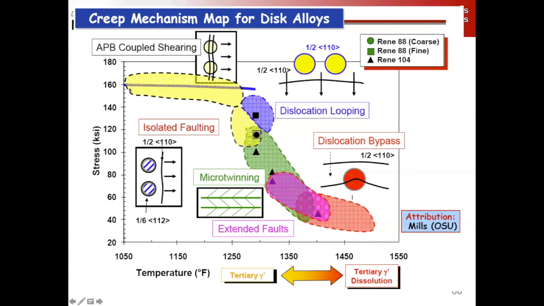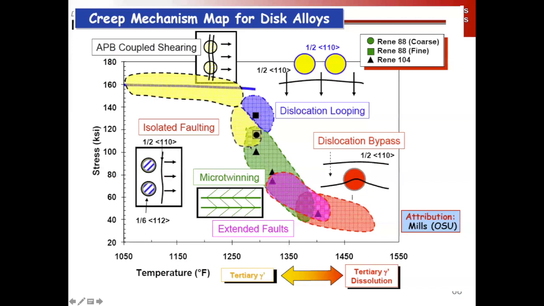At low temperatures and high stresses, it's this APB coupled shearing, where you've got two essentially full dislocations moving through, leaving an anti-phase boundary between them. As you go up in temperature, other mechanisms become thermally activated. So you start to do dislocation looping, isolated faults, meaning individual gamma partials start to move through, leaving complex stacking faults behind.